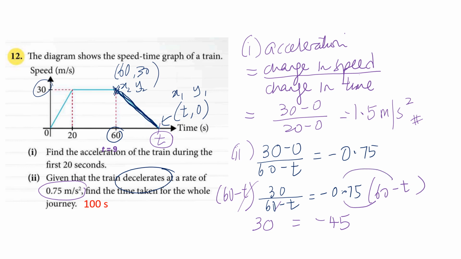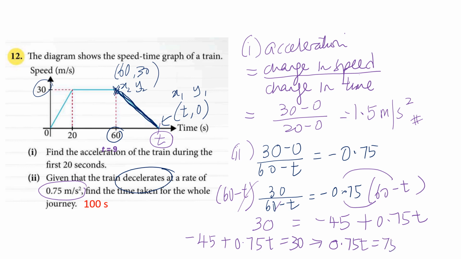And this time this will be positive 0.75 t. Whatever we need to find, just put it on the left-hand side, it's easier for calculation. So 0.75 t will be 30 plus 45, which gives you 75.